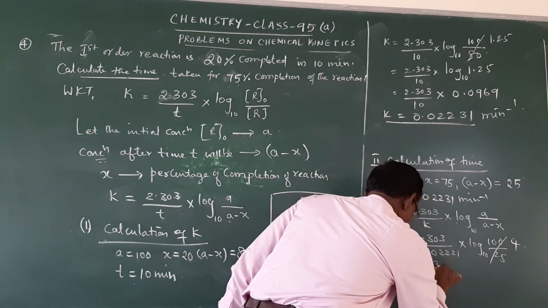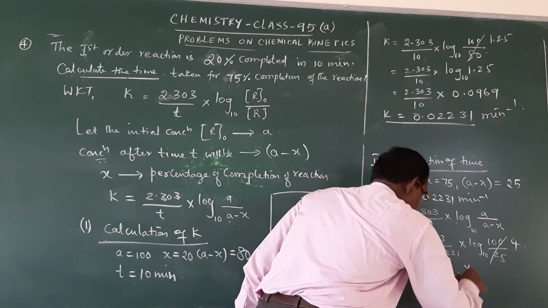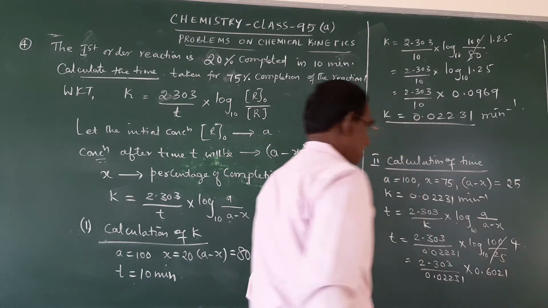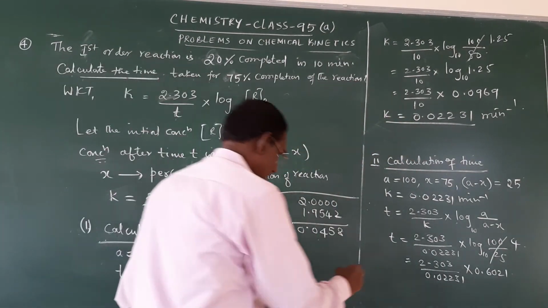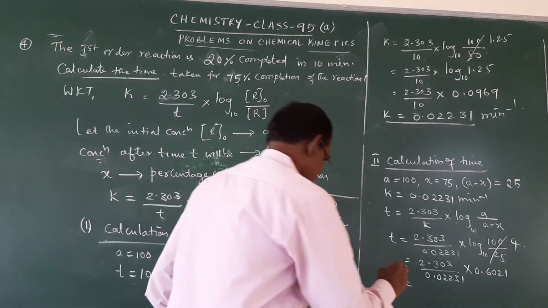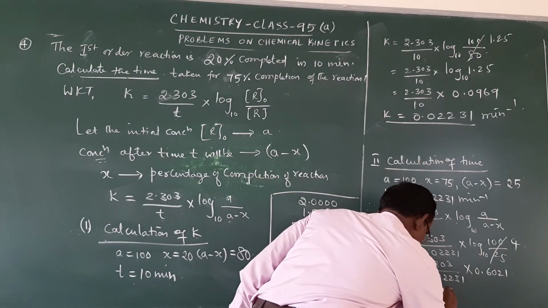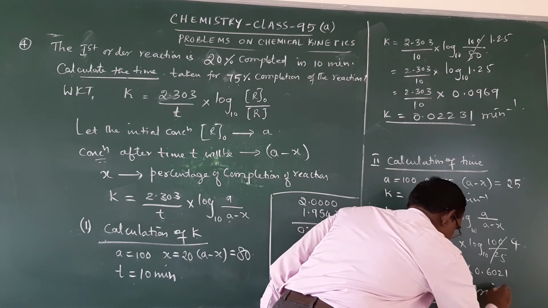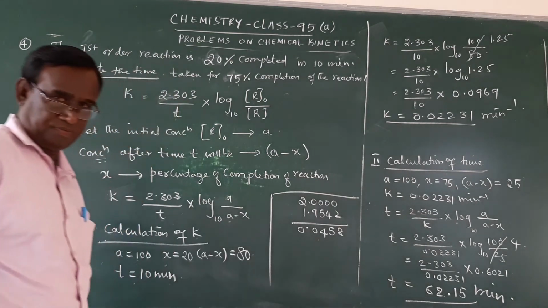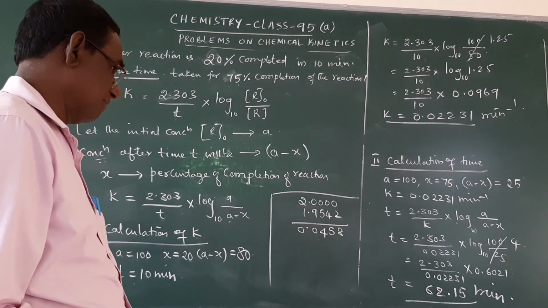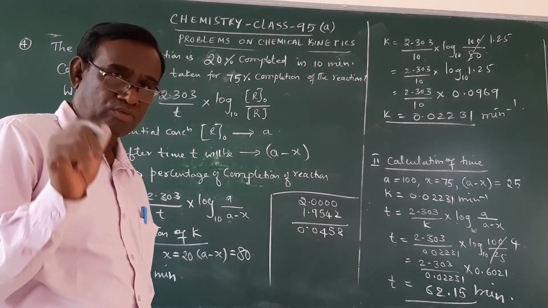That will be equal to 2.303 divided by 0.02231 into log 4, which is 0.6021. And if you calculate this, finally you are getting 62.15. Answer is 62.15 minutes. It can be solved by using a simple calculator, or even by using log, you see. You will be getting 62.15 minutes.